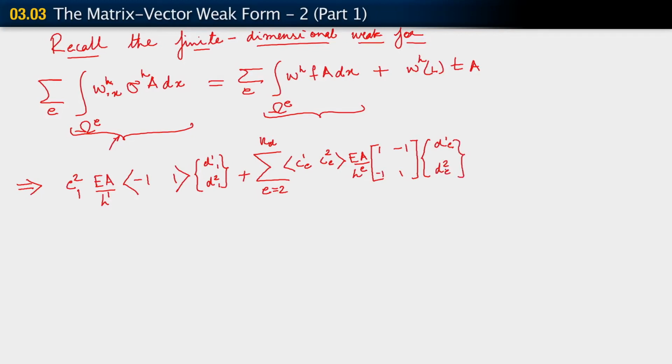Okay, so those two contributions, the special contribution from element 1 and the contribution from that sum E going from 2 to NEL, give us that integral that shows up on the left hand side involving the stress and the gradient of the weighting function.